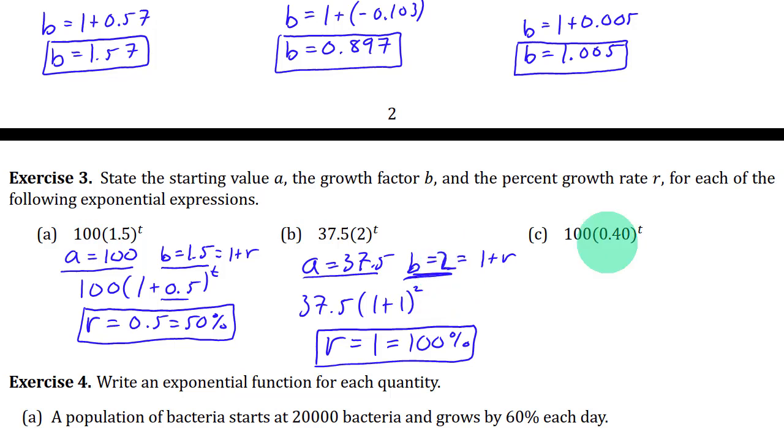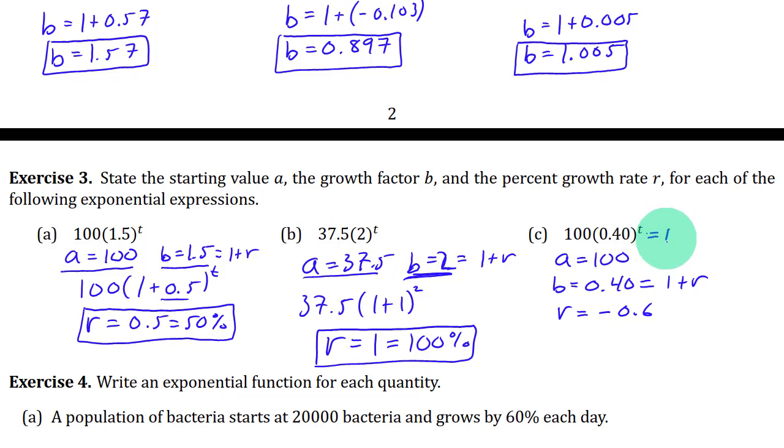All right, here we have 0.4. So the A is straightforward, that's 100. The B is kind of straightforward, that's going to be 0.40. And that should be equal to 1 plus R. So you can solve this equation to get the R. You should get R is negative 0.6.